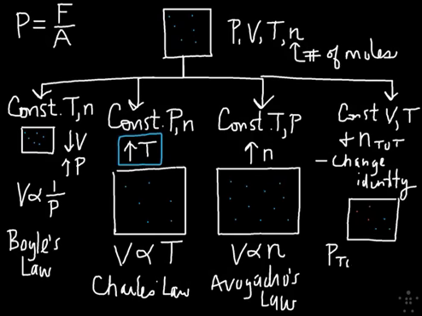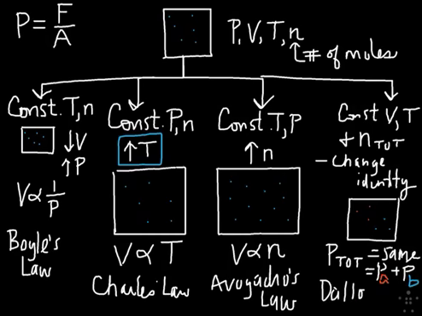So P total is unchanged, and I'll just put P total equals same. And in fact, it's just the sum of the pressures exerted by the two different gases. So the partial pressure of gas A plus the partial pressure of gas B. So this is Dalton's law of partial pressures.